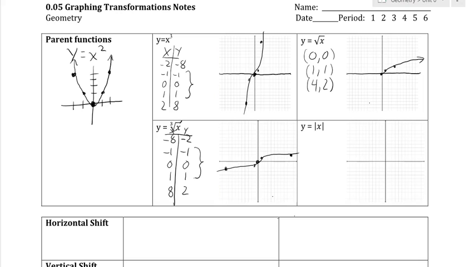And the last one we're going to do is the absolute value of x. So we have (0, 0), (1, 1), (2, 2), (-1, 1), (-2, 2).